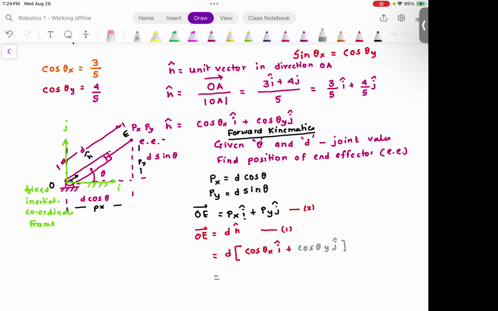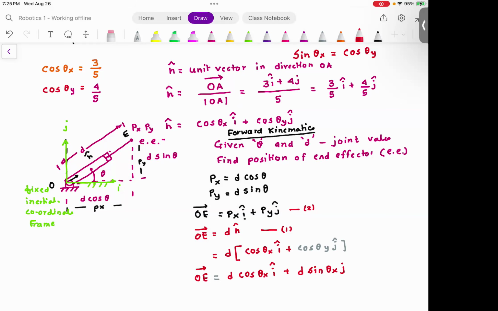Here theta x is nothing but theta, so d cosine theta x i plus d cosine theta y j, where cosine theta y is nothing but sine theta x. And can you see that you have the same expression that you started with? Everyone understood this?